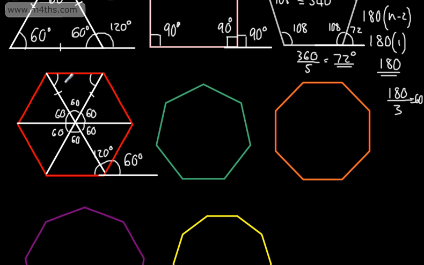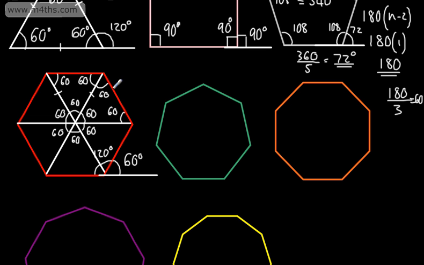We've got 2 equal sides, so this one would be 60 and this one would be 60. If we think about it now, this is going to be 60, this is going to be 60, and so on and so forth. So we can say this entire angle is going to be 120 degrees.